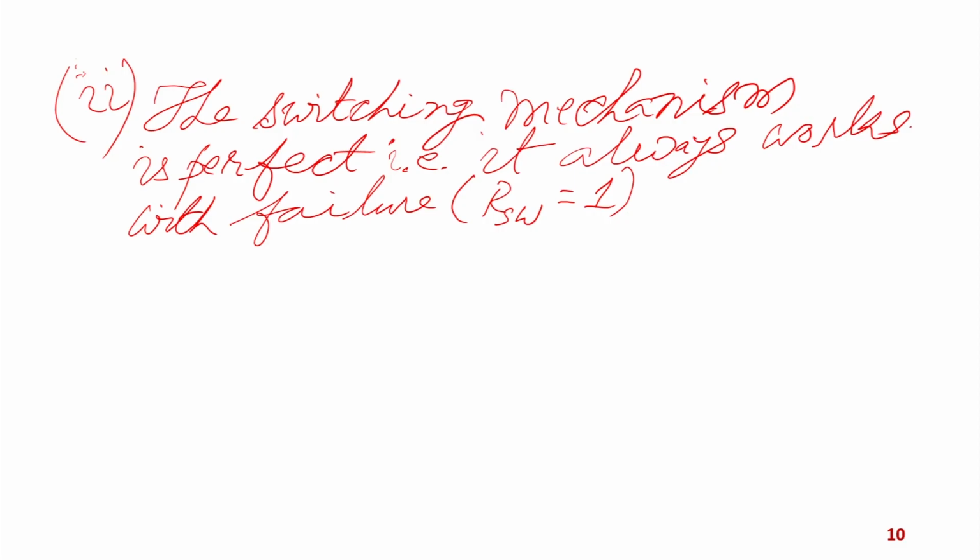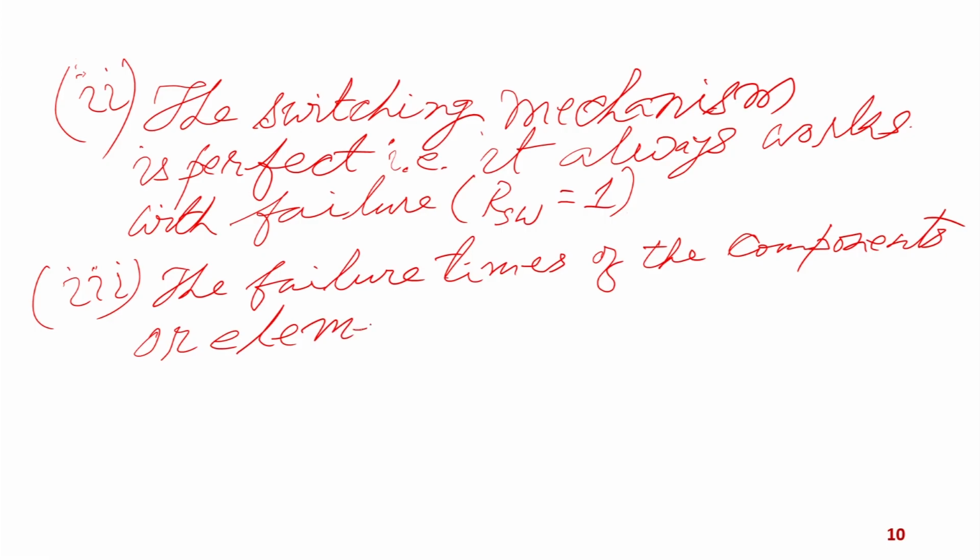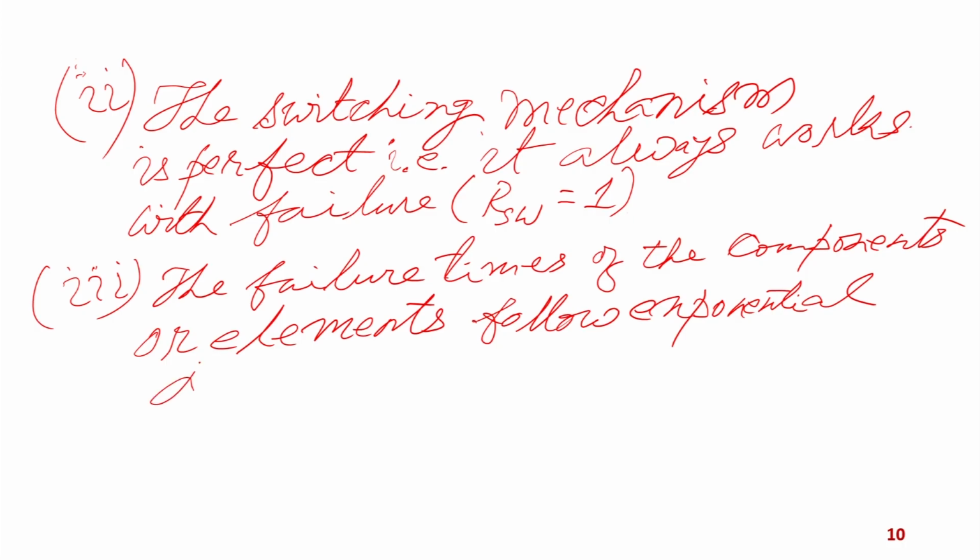Okay. Now, further we will assume that the failure times, that is the random process, the failure times of the components or the elements follow exponential distribution. What does it mean?